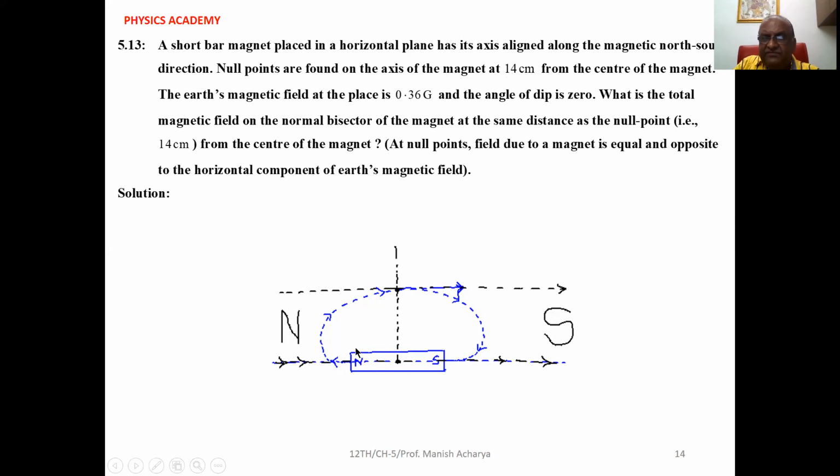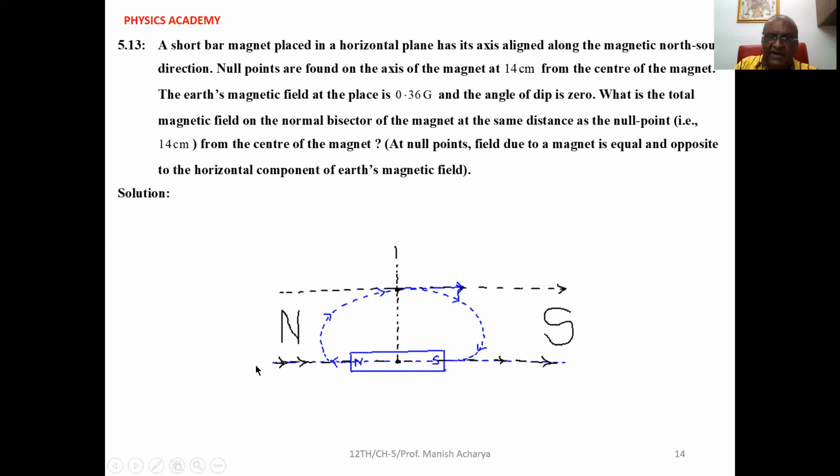So if the magnet is placed in such a way, the north pole of the magnet is towards the north and south pole of the magnet is towards the south of external field. Then the magnetic field of your magnet on its axis will be in the direction of its dipole moment, south to north.